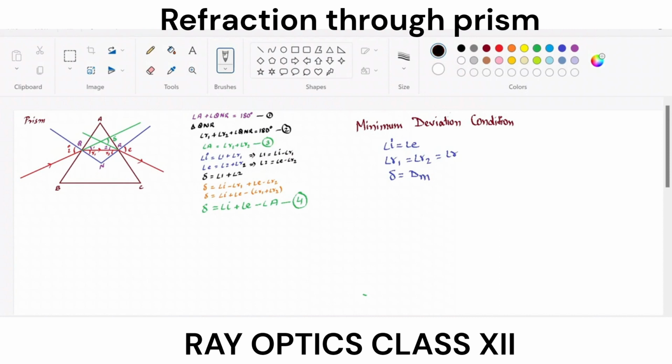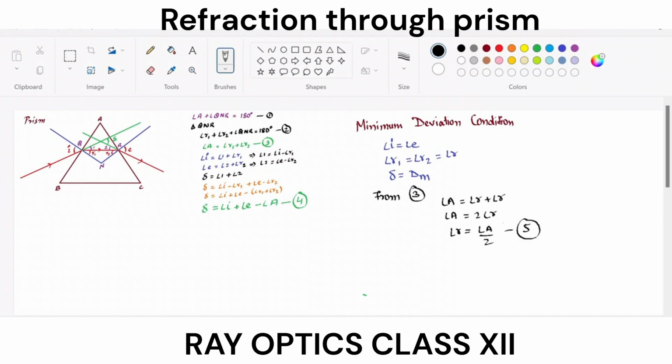Let's use these conditions and substitute in equations. So if I substitute this condition in equation 3, angle A will be equals to angle R plus angle R. So angle A is equals to twice of angle R, and angle R will be equals to angle A by 2. This is equation number 5.